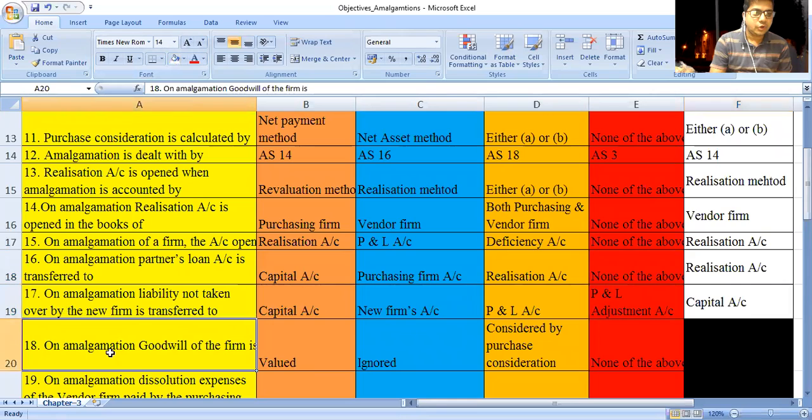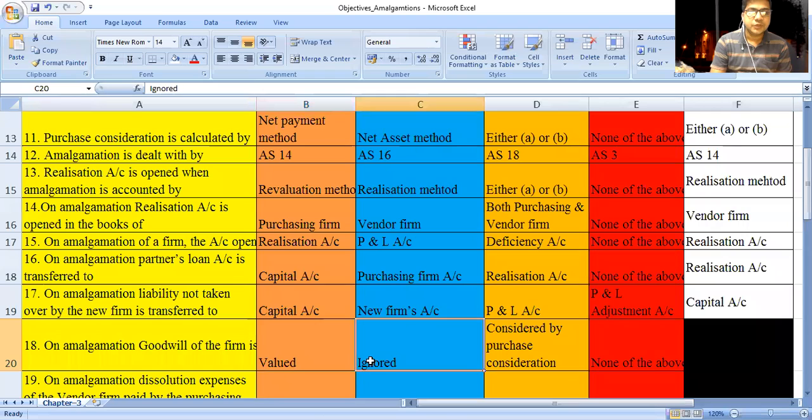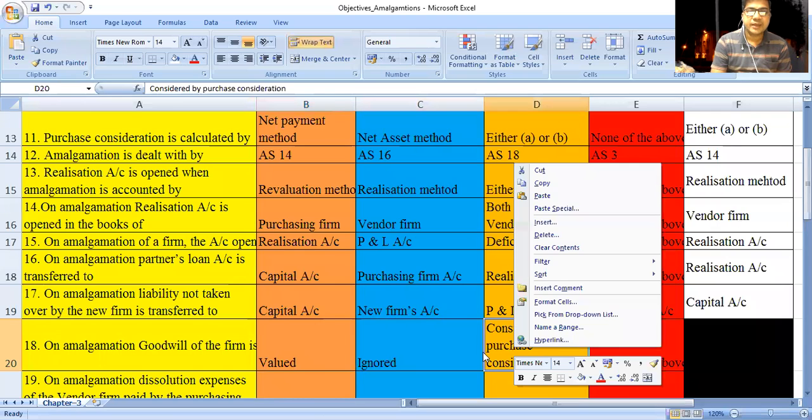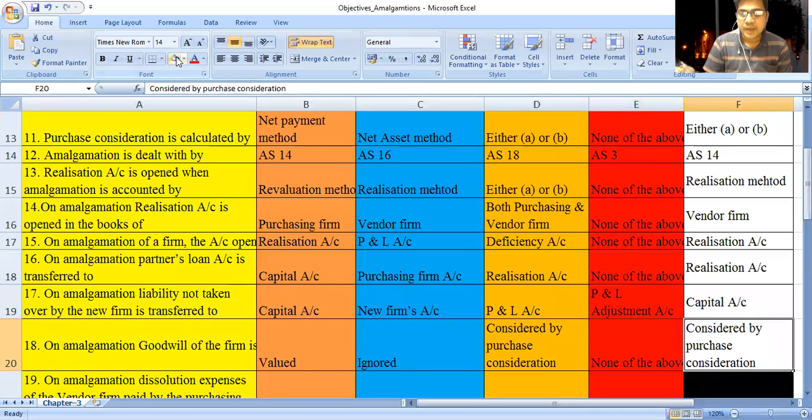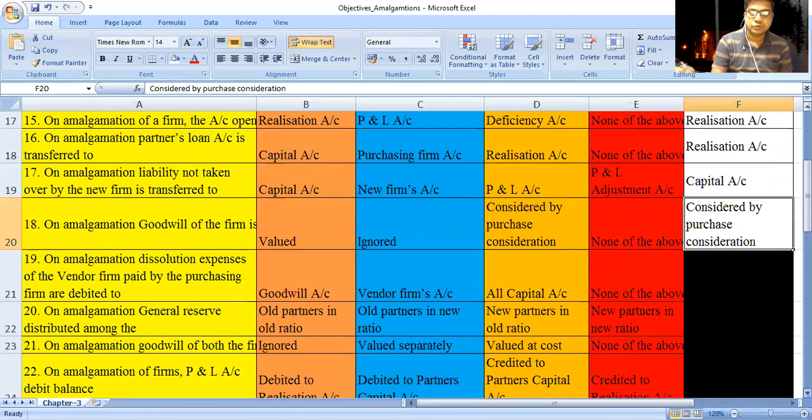Next, on amalgamation, goodwill of the firm is valued, ignored, purchased by, considered by purchase consideration, none of the above. Answer is considered by purchase consideration. These things are very important that you should know about.